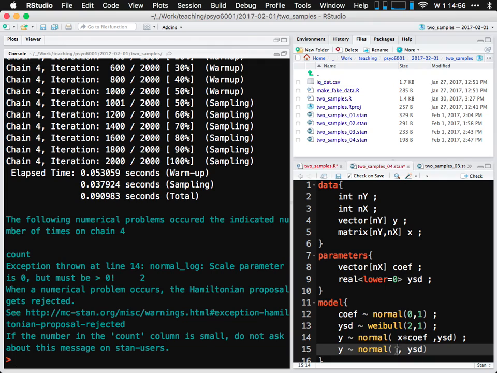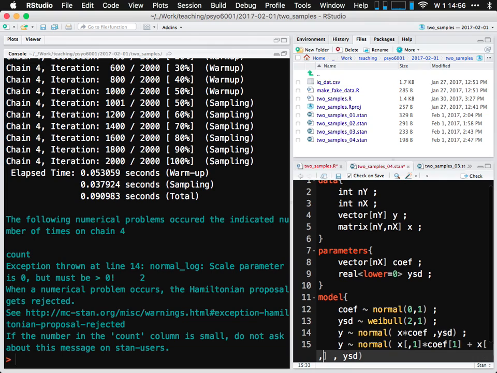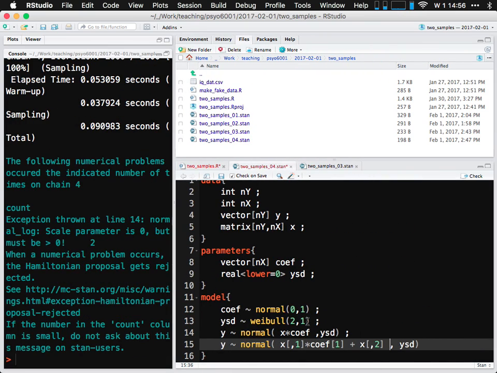So this little bit up here, x times coef, is the same as the first column of x times coef 1, plus the second column of x times coef 2.